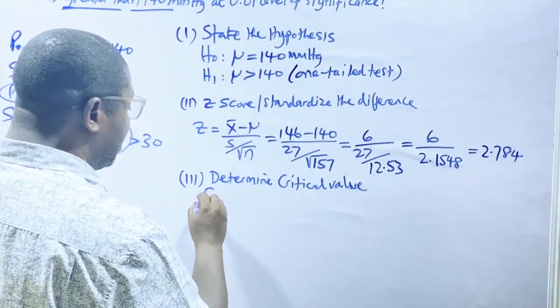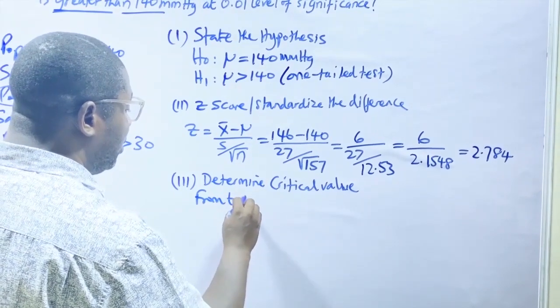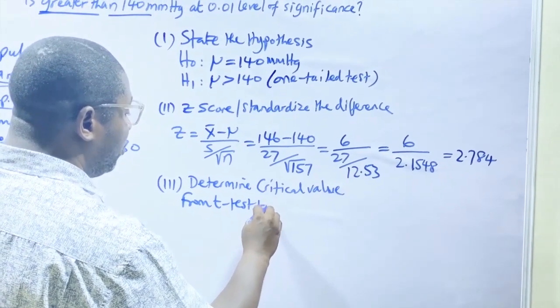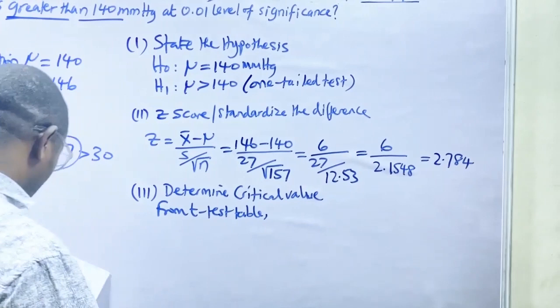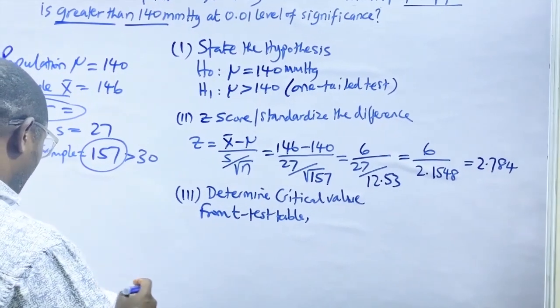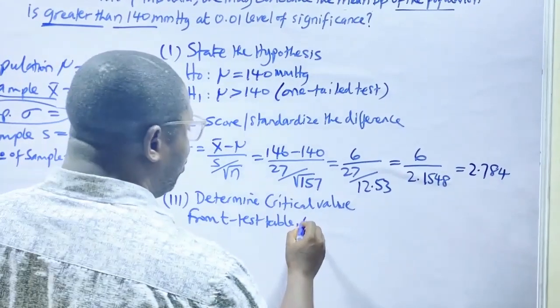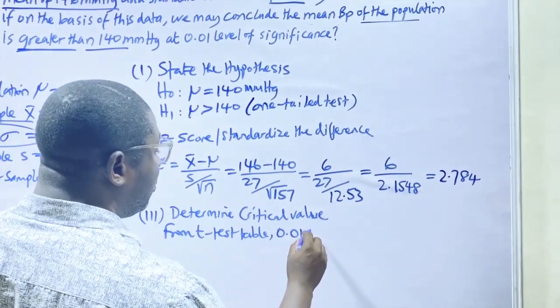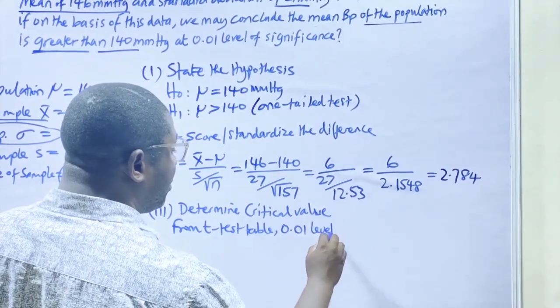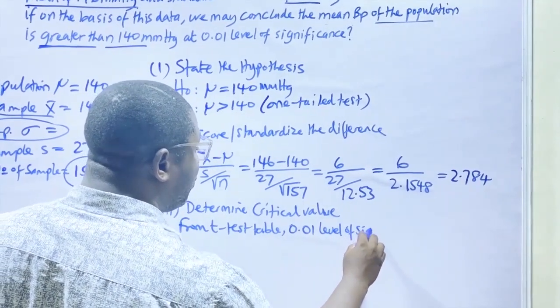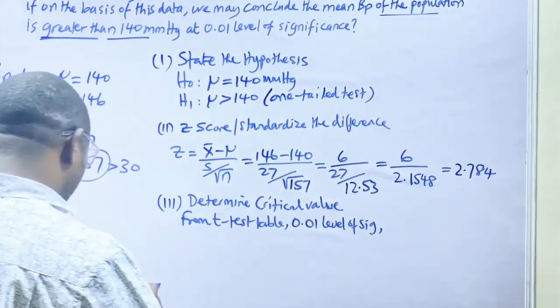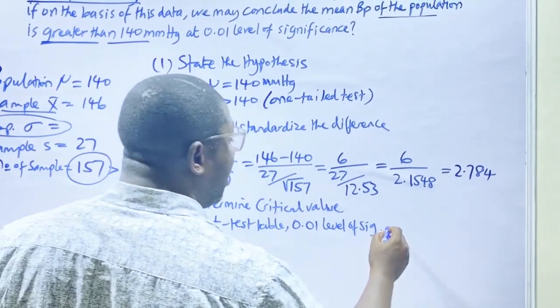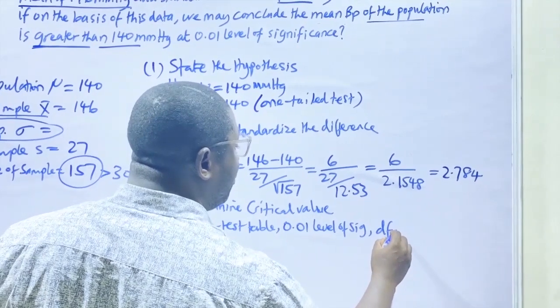So from the t-test table, we want to check 0.01 level of significance. And then our degree of freedom.